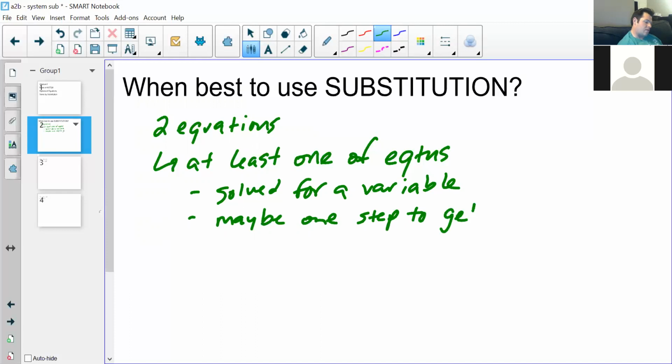So there's nothing saying that we couldn't use the substitution method for every single problem that we see. Maybe it's your particular favorite one. I'm not sure about that.